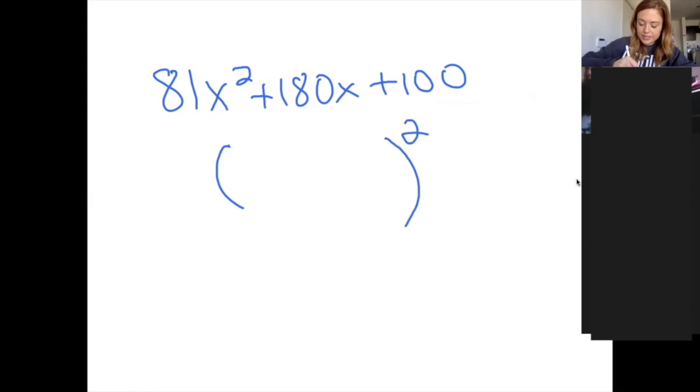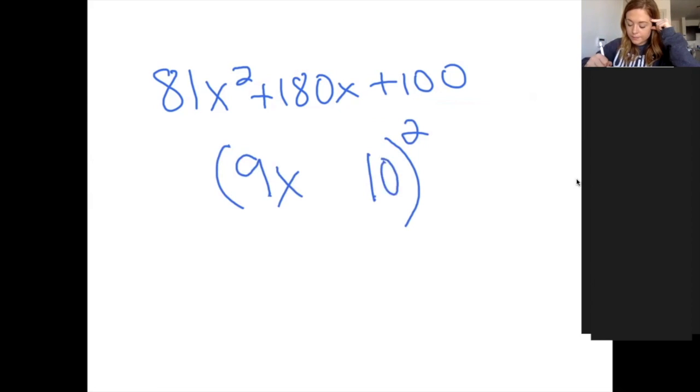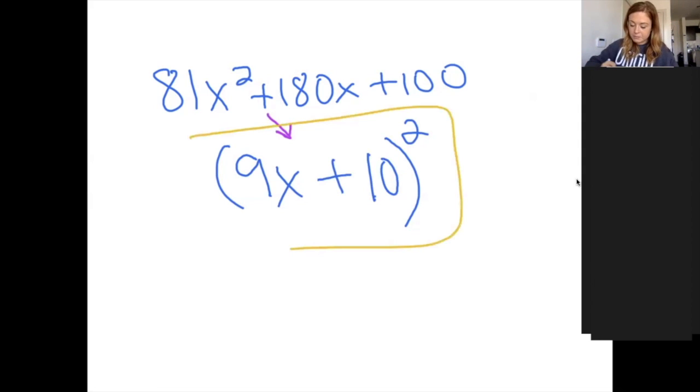Okay, and then we said 9 times 9 would get me 81. And I need 1x because I'm taking the square root of that x. 10 times 10 would get me 100. And then I'm going to get my sign from whatever's in front of the b. And that would have been your answer.